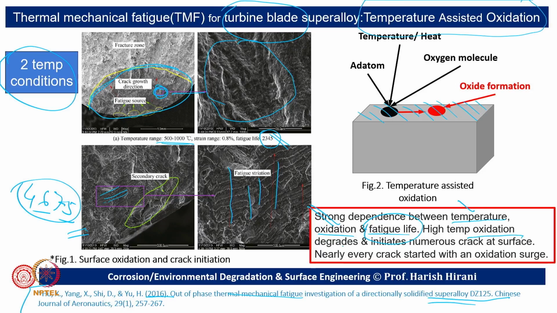So we can say that at high temperature the oxidation degrades the material, and it also shows numerous cracks at the sites, so there are more possibilities of dissociation. At high temperature, more and more cracks get formed, and the superalloy material will disintegrate and have a much shorter life compared to its expected life when there is temperature assisted oxidation, temperature assisted corrosion, or temperature assisted hydrogen embrittlement.